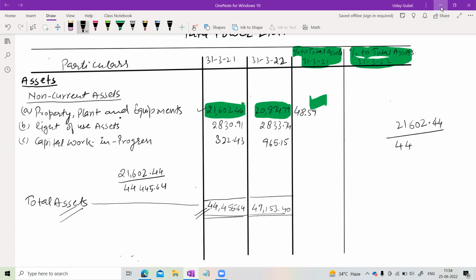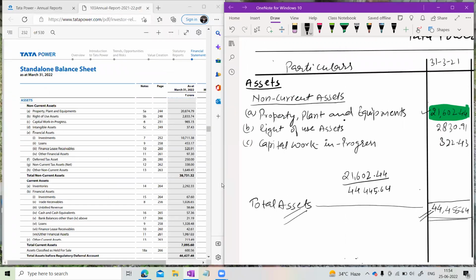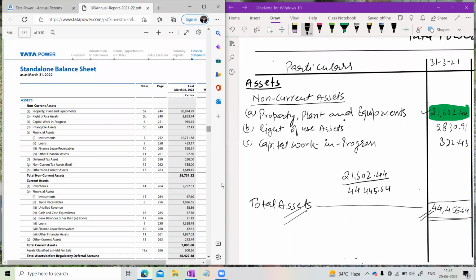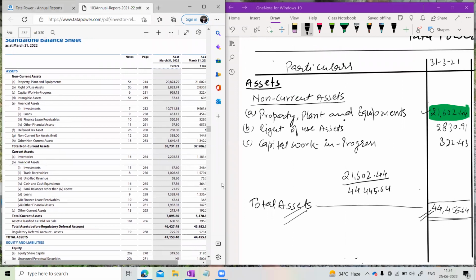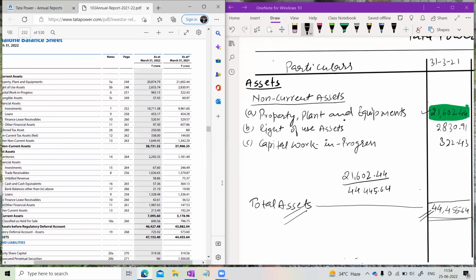I will show you again. The total assets of Tata Power are given here.